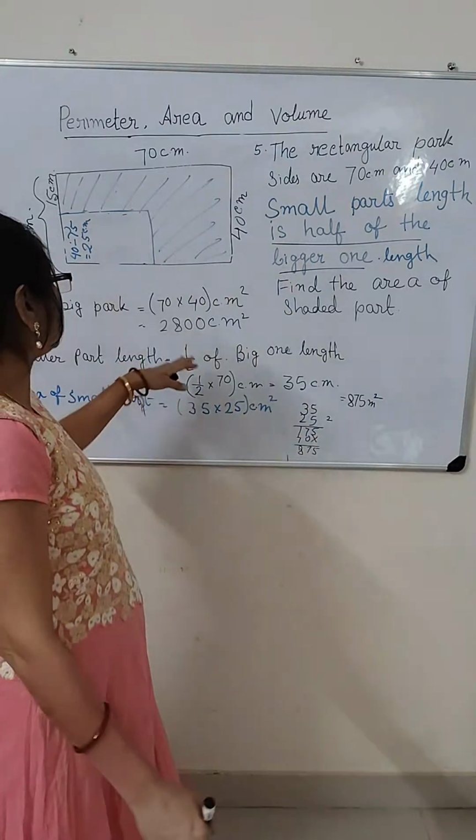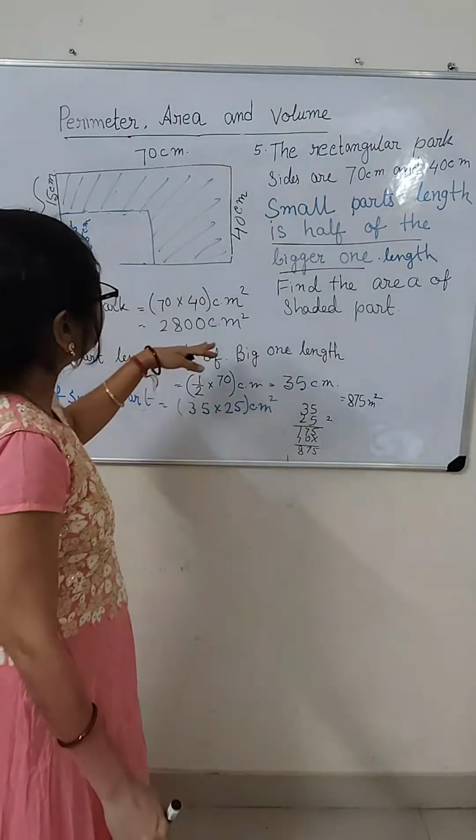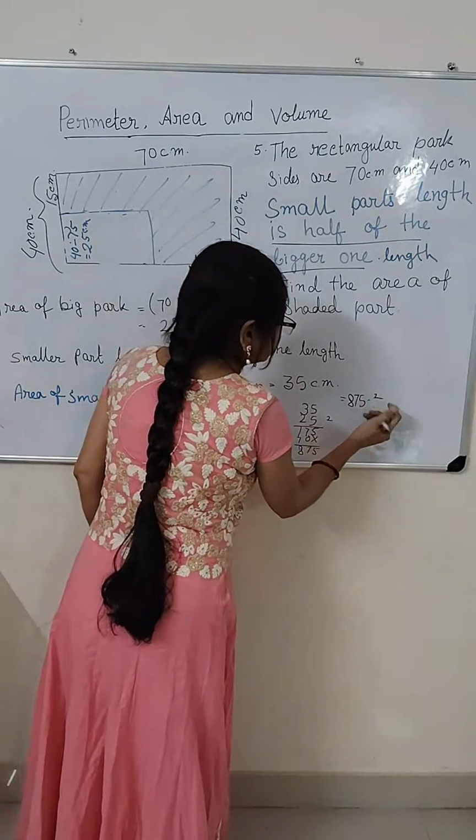Okay, one is 2800 centimeter square, and this is also centimeter square.